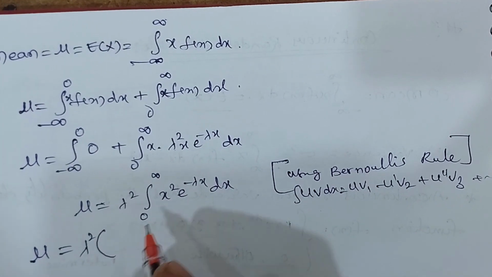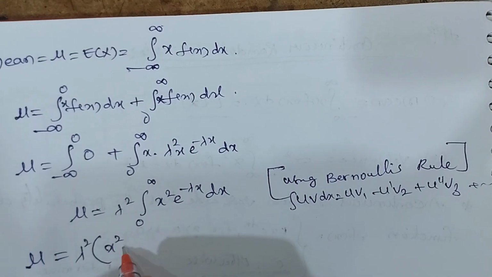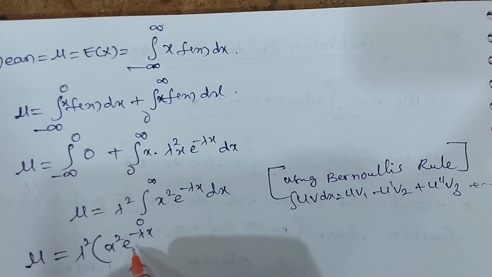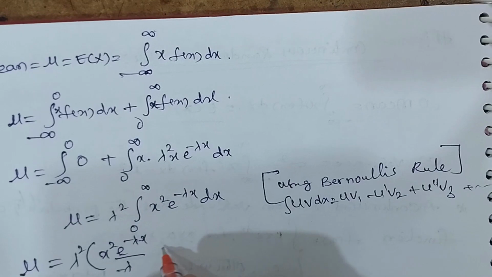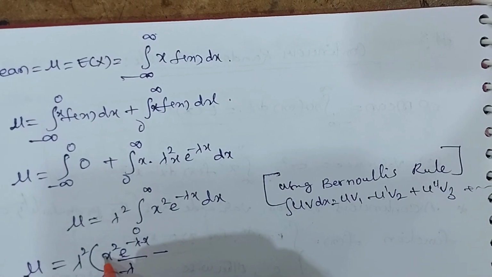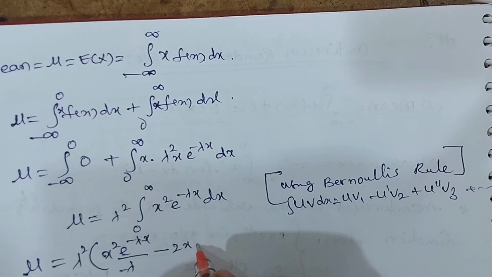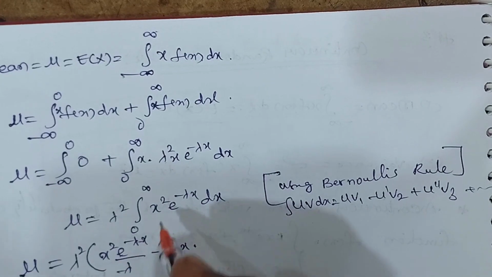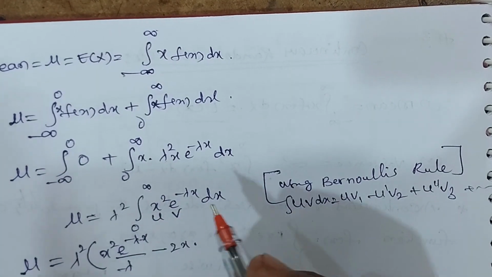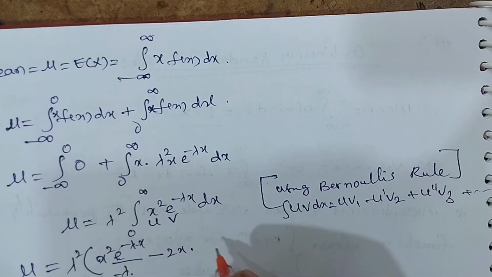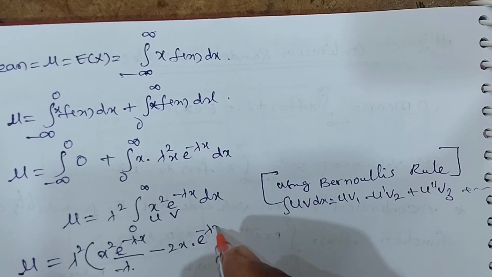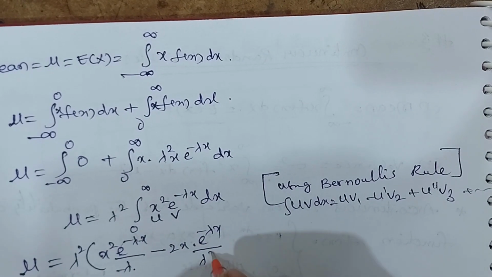Apply the integration: x square into e power minus lambda x, that means e power minus lambda x by minus lambda. Second, the derivative of x square, that means 2x, into again the integration of this value, that means e power minus lambda x by lambda square.